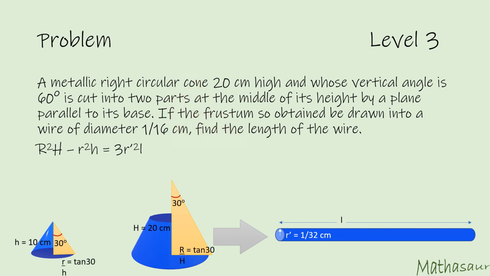Now here we have tan 30. So in the smaller triangle, tan 30 would be small r by small h, and in the bigger triangle, tan 30 would be equal to capital R divided by capital H. Upon cross multiplying, we find that small r is equal to h times tan 30 and capital R is equal to capital H times tan 30.